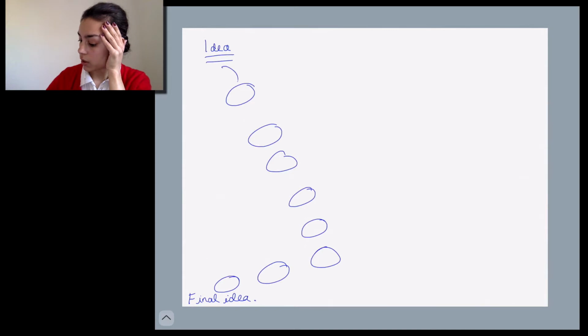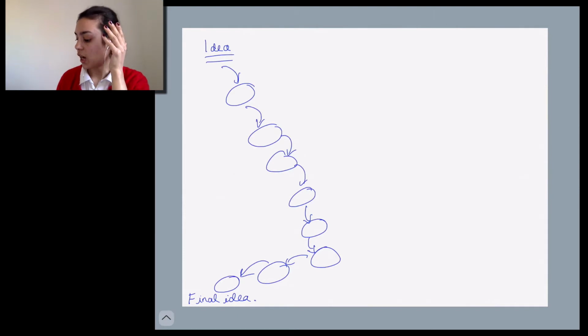And what you're doing is directing your reader to each stepping stone. And that is how you can think of an essay. Each paragraph is a stepping stone.